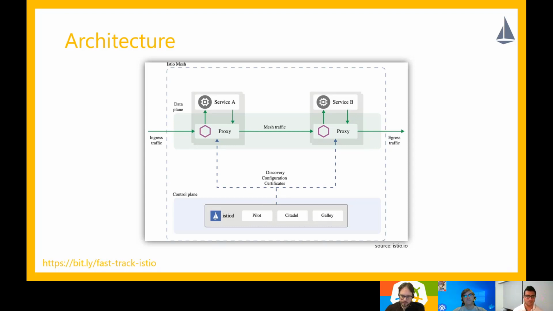Citadel is for discovery, and it manages the visibility of different services. Pilot is used for policy distribution. You send it the policy, and it will distribute it. Any policy that you send to Pilot ultimately goes to the Envoy proxies.